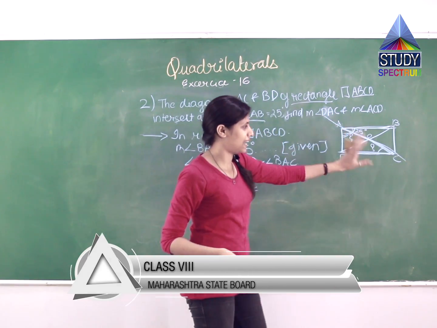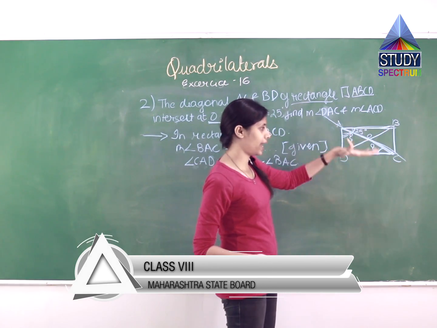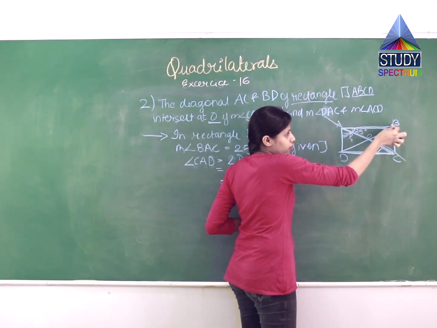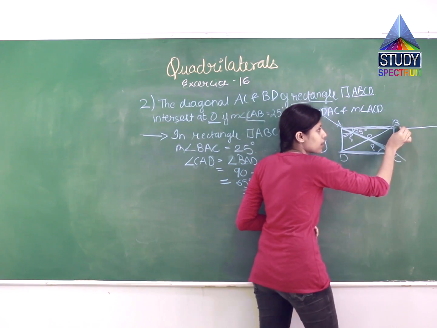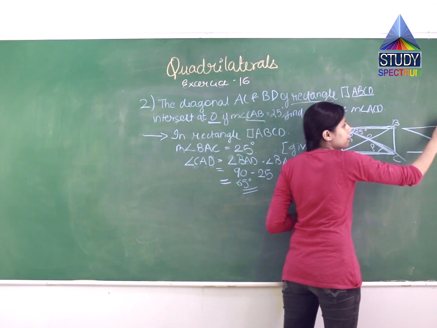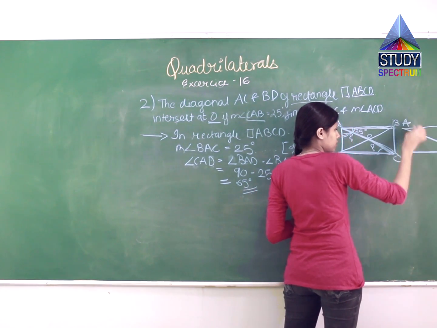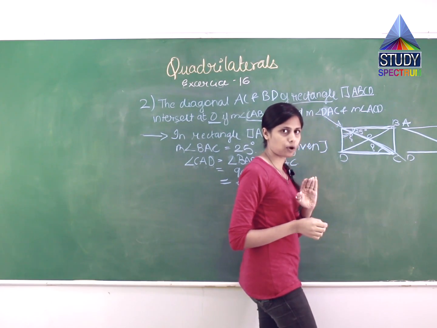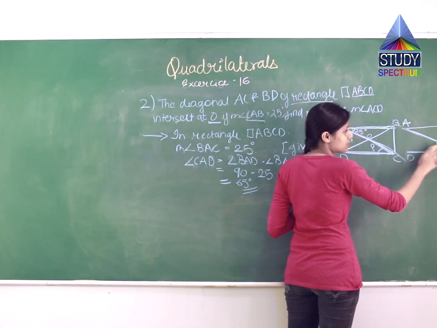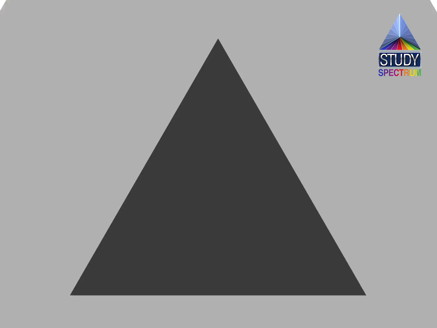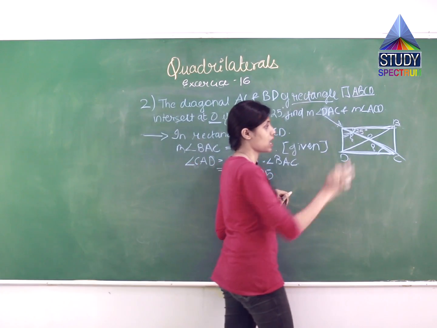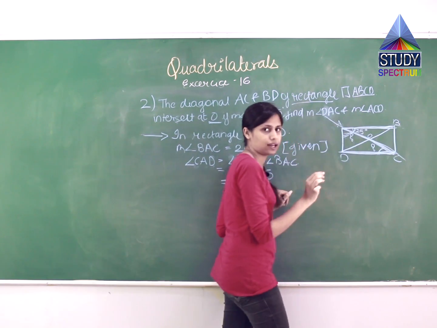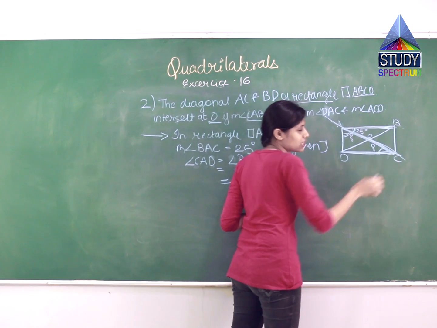So assuming AC as a transversal and AB and DC as parallel lines, the angle, the Z format, that is this Z format B, A, C and D. So what is the property of transversal? Assuming AB as a parallel line and DC as a parallel line and AC as a transversal.